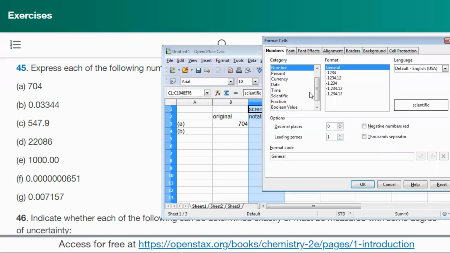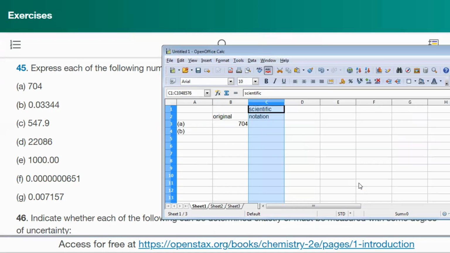I'm formatting the cells, and I'm going to ask for scientific notation. And I could see already one of the problems is it's not going to give you the right significant figures, at least in this package. So we may not get the right significant figures. We'll just see.